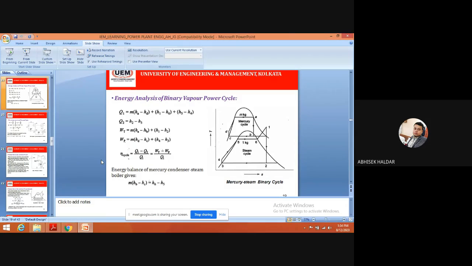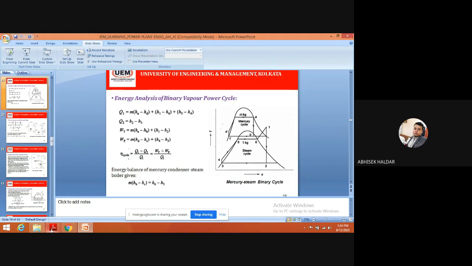Reheat and regeneration, both you can see, because if you use only reheat, you will never see any power plant using only reheat, because that will not improve the efficiency much. But if you use regeneration and reheat both, okay, you have known what is reheat and what is regeneration.